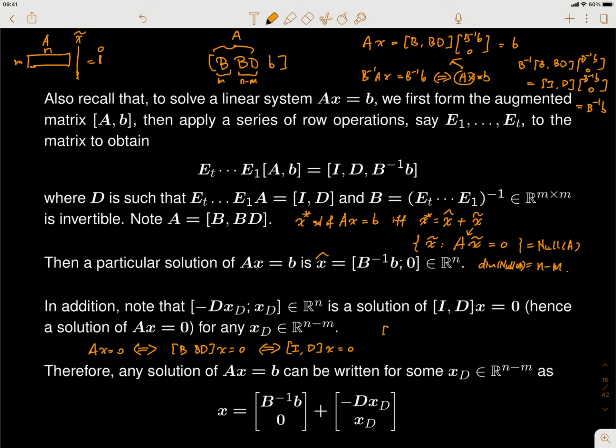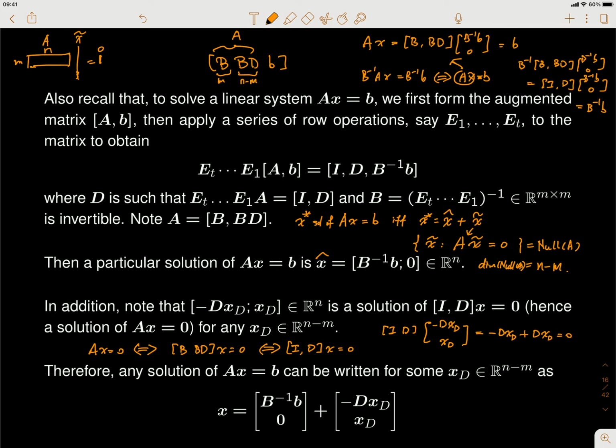We can verify that easily. If the first m components of this x are negative D X_D, and the last n minus m components are the X_D here, then when we multiply these together, I get negative D X_D plus D times X_D, which gives us 0.